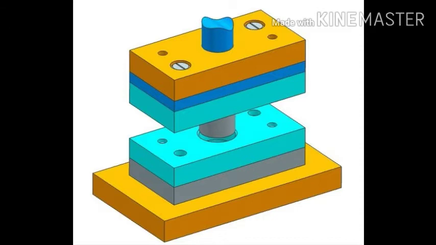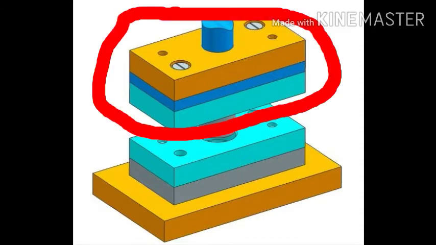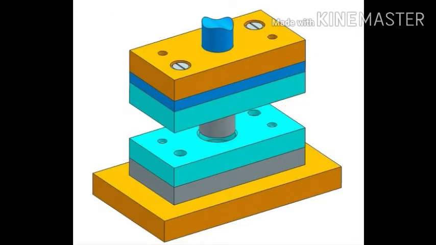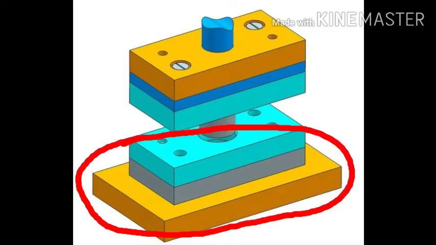On the screen, you can see the image of the guide plate tool. It consists of two halves. The first half is moving with the press machine ram. It is attached to the ram of the press machine. And the second half is fixed with the press machine.